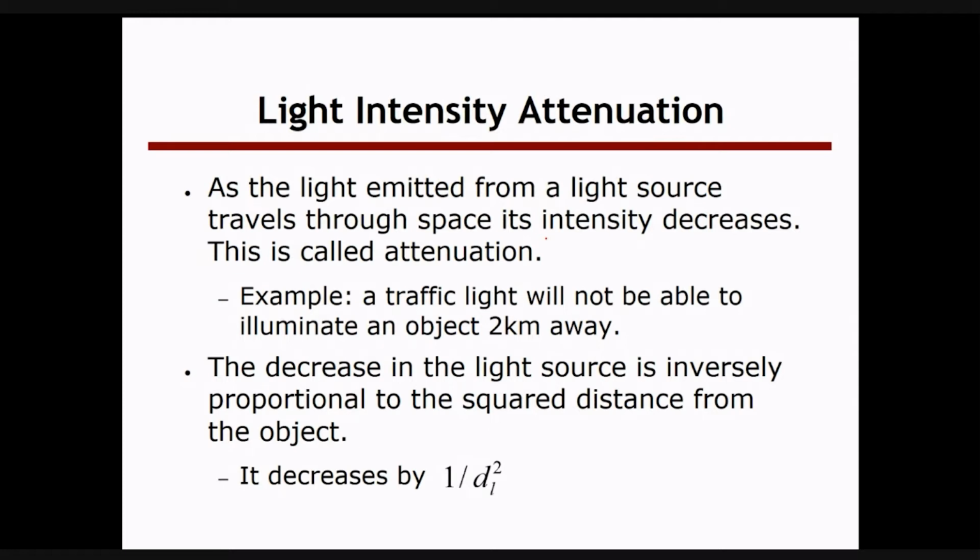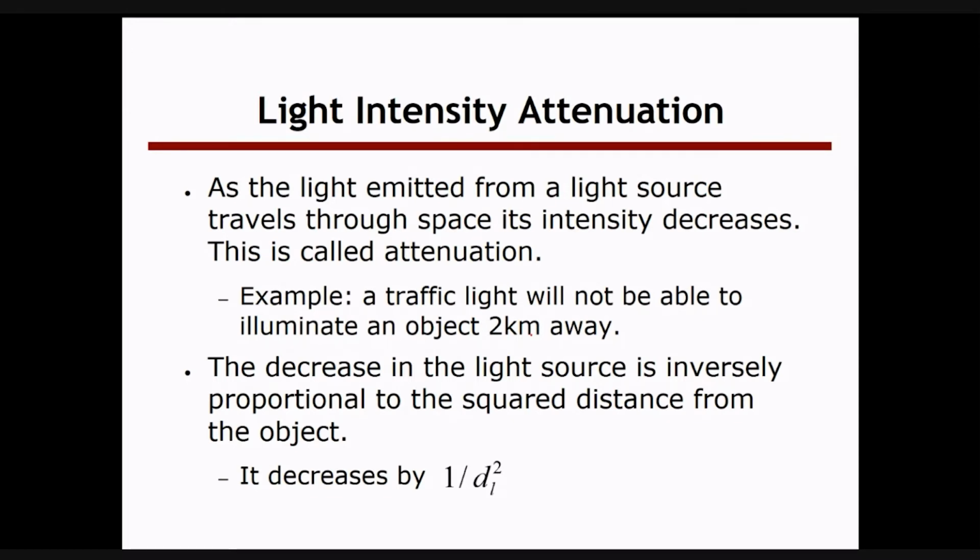One simple example that you can see on your computer screen is that a traffic light will not be able to illuminate an object 2 kilometers away. So now we are losing some intensity out of the light that is coming from a light source.